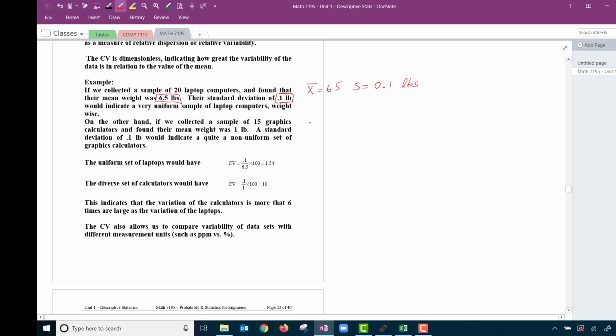Then I grabbed everybody's graphing calculator that they had to buy in high school but never get to use again, and I had 15 of those. Their average weight was 1 pound with a standard deviation of 0.1 pounds. Now, a layperson might say, well, they have the same standard deviation, so they have the same amount of variation.